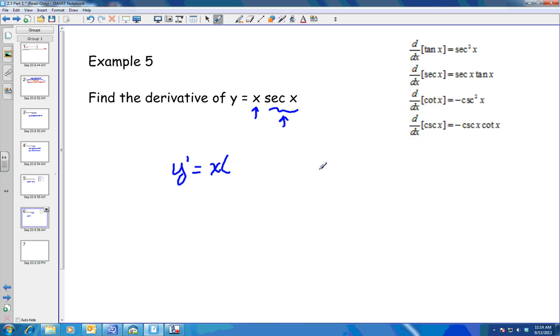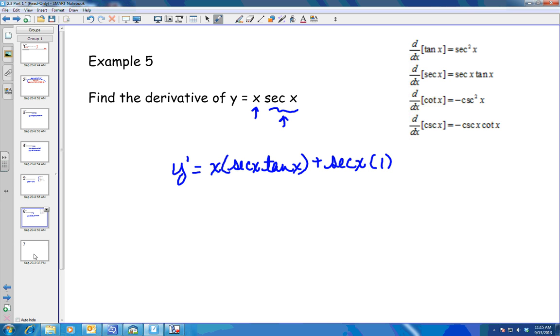Derivative of secant x is secant x tangent x. So the first times the derivative of the second plus the second times the derivative of my first. So that's just 1. Okay, and you can leave it just like that, or you can get rid of that 1 right there.